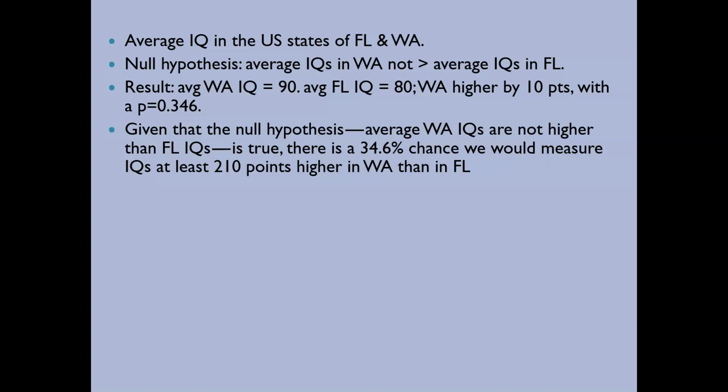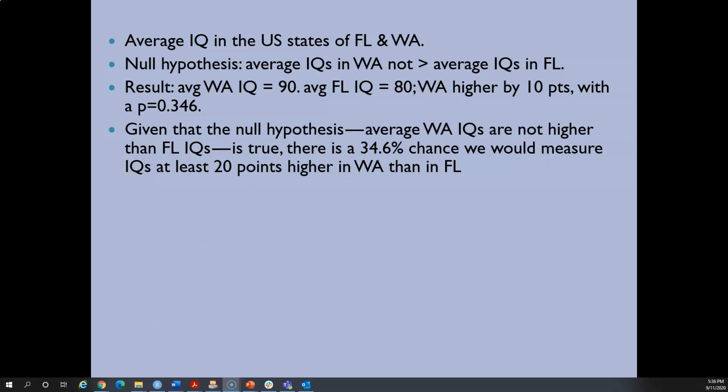So given that the null hypothesis, that the average Washington IQ is no greater than that of Florida, is true, then there is about a 35% chance that we would measure IQs at least 10 points greater in Washington than in Florida.